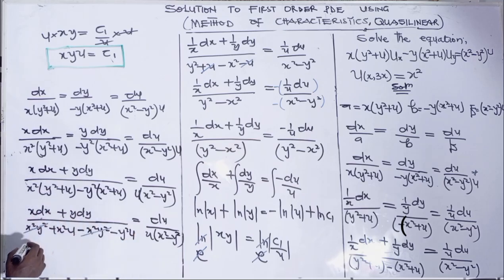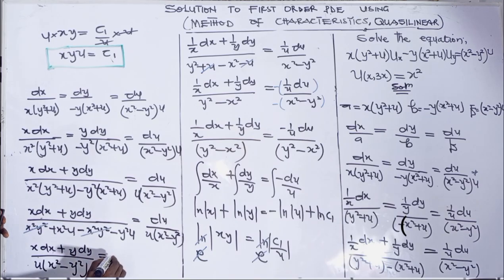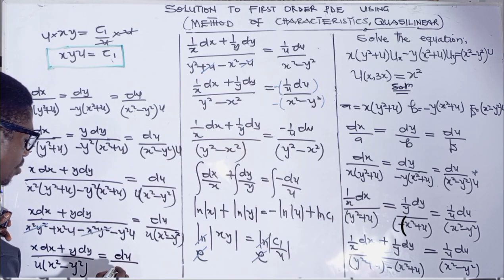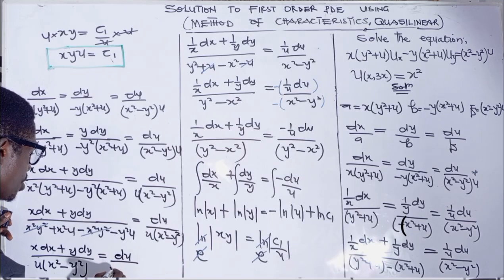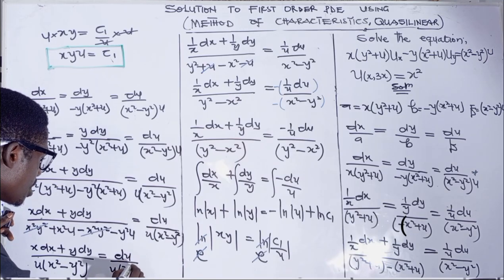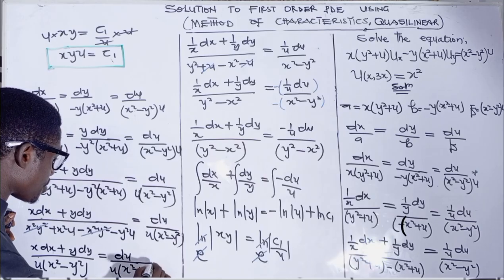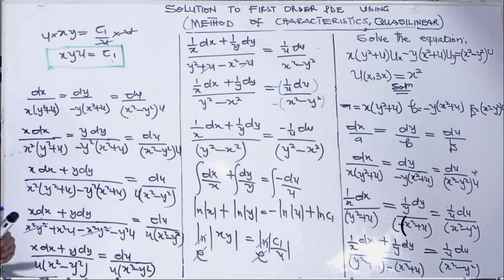Let's continue. So you have our x dx plus our y dy all over s squared. Let's factor u out. So we have u times s squared minus y squared. And this is equal to u all over u times s squared minus y squared. So from here, you can see that the denominators are the same, and once they are the same, we can just equate their numerators.